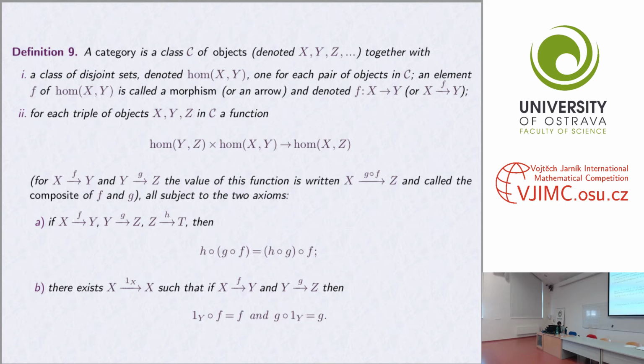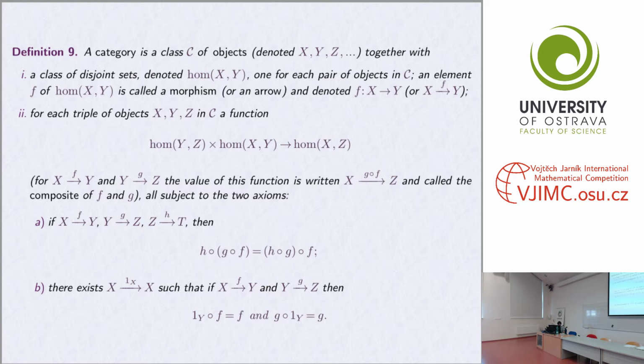So objects of our category are sets: set X, set Y, set Z, and so on. And together with those objects, we also define some mappings between those objects.